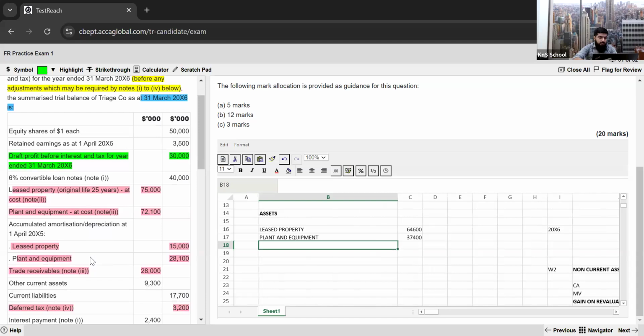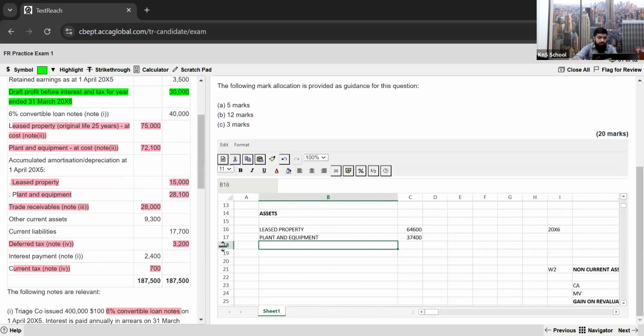So this has also been adjusted. Any other asset? Now we have some other current assets, and the values will be posted directly. That is 9,300.